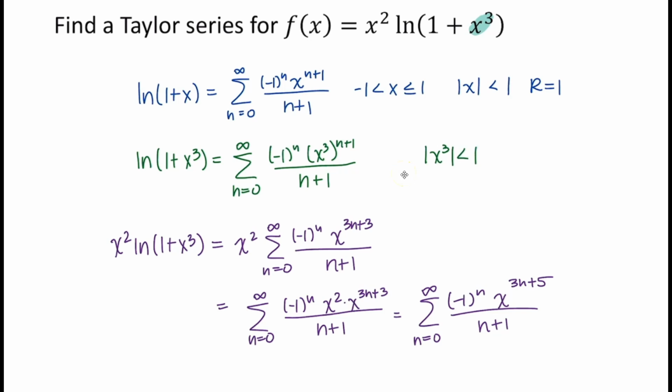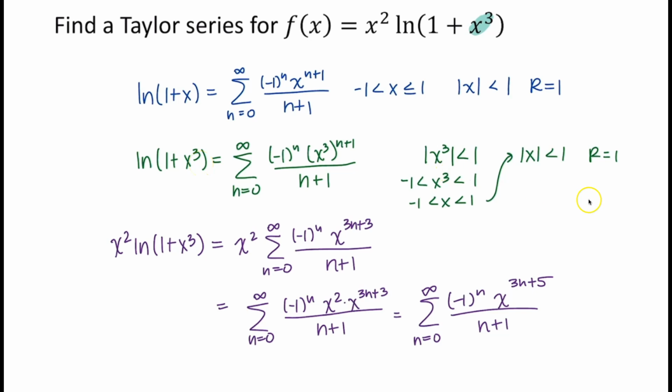If we rewrite this as negative 1 is less than x cubed is less than 1, and we take the cube root of both sides, the cube root of negative 1 is negative 1, and then we'd have negative 1 less than x is less than 1. So this is really just the same as the absolute value of x is less than 1. So that means that the radius of convergence is still 1, even when you replace x with x cubed.